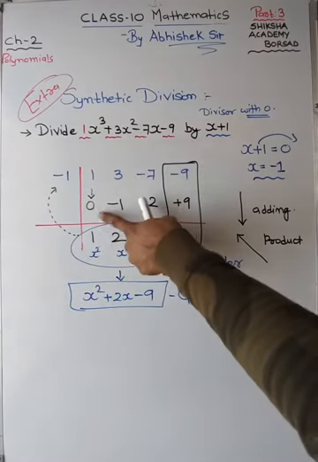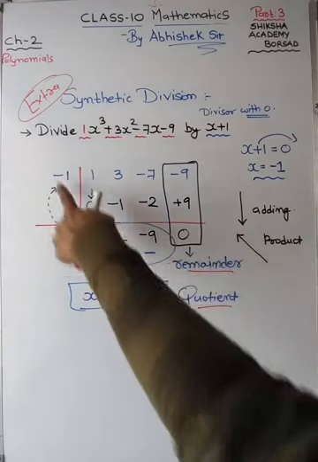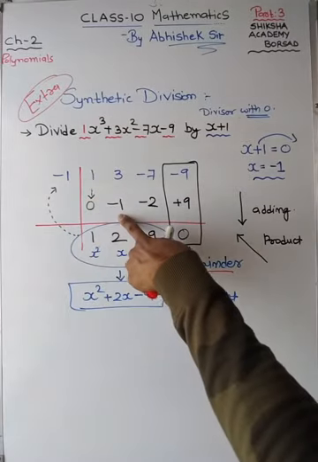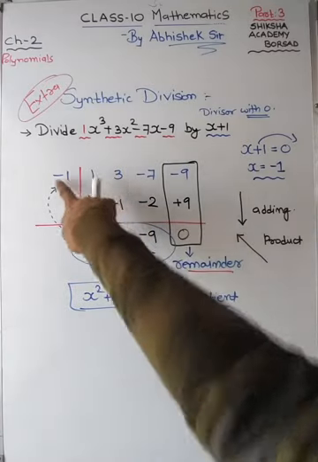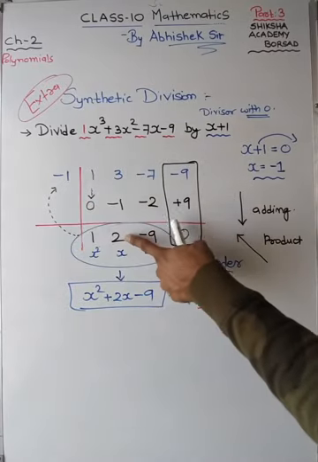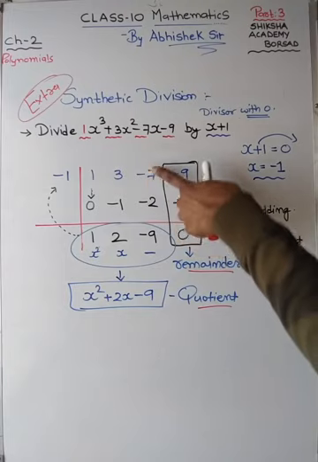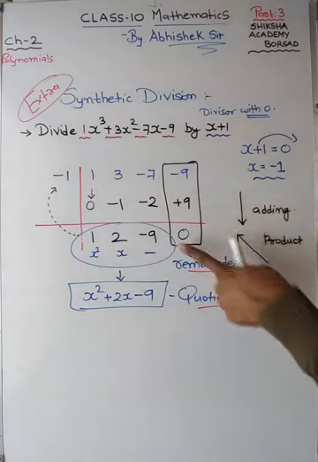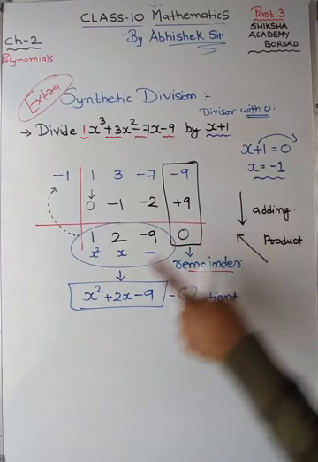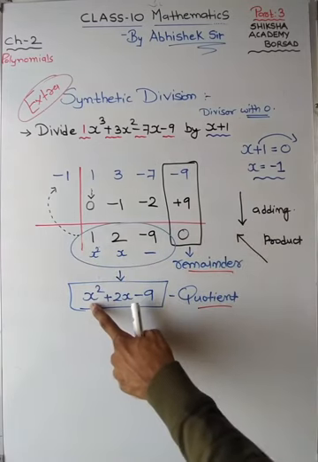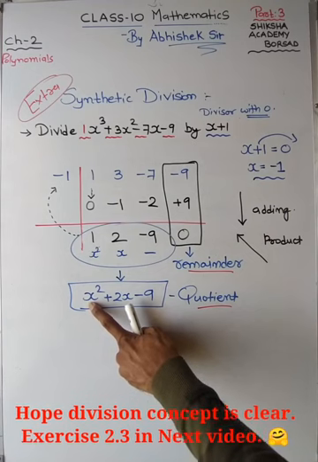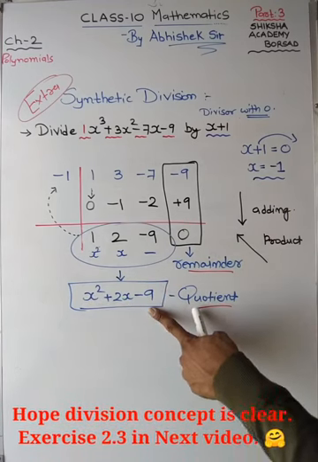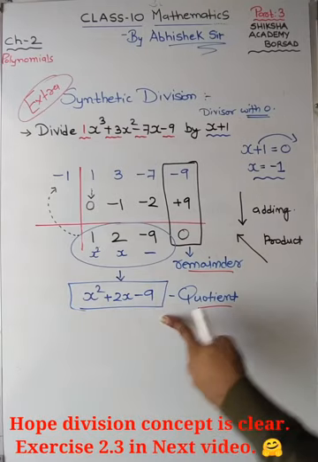So 1 plus 0 is 1, and then cross you multiply and write the product in the next number. 1 into minus 1 is minus 1, 3 minus 1 is 2, 2 into minus 1 is minus 2, minus 7 minus 2 is minus 9, minus 9 into minus 1 is plus 9. This must always be 0. Whatever 3 numbers you got, add x square behind the first number, x for the second, and this one is the constant. So this you got as the quotient.